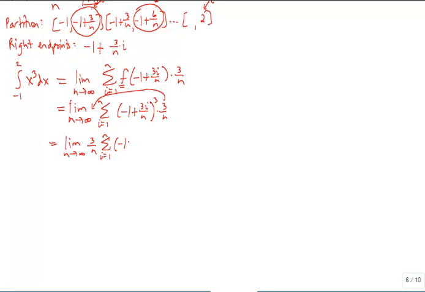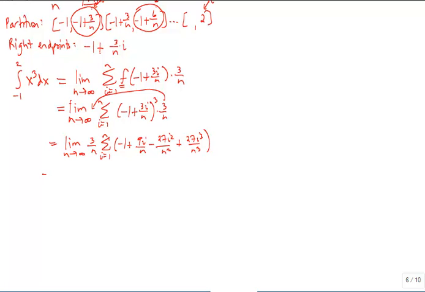You're going to get 3 times negative 1 squared times 3i over n, which becomes 9i over n. Then you're going to get a minus 3 times negative 1 times 3i over n quantity squared. So that's going to be 27i squared over n squared. And then we're going to get a 3i over n quantity cubed, which is 27i cubed over n cubed. So if you don't trust me on that, you can go ahead and cube this all out. But this is what you would end up with.